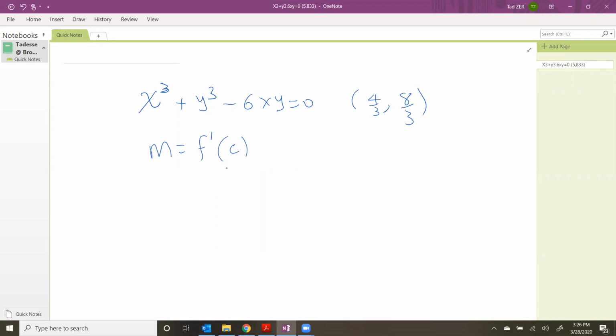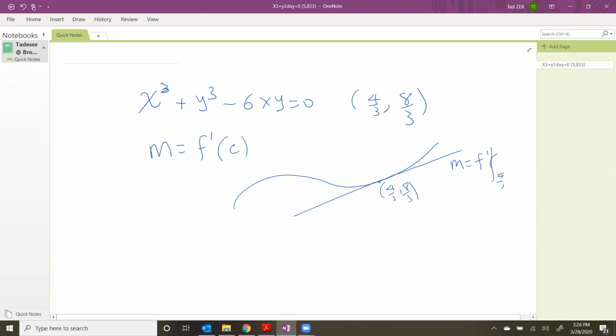We know from point slope form, if you are given any graph and a tangent line, the slope of this line, as I told you, is the derivative evaluated at the point of tangency. In this case, 4/3, 8/3. So which means you need to evaluate it at 4/3 comma 8/3.